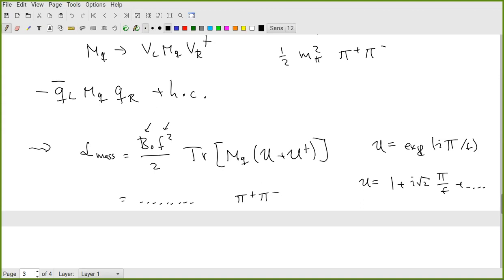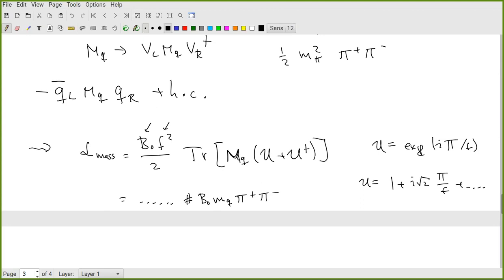And because there's this quark mass matrix here, this will actually look like this times some number. Okay, and then from this you just read off the pion mass term. So I think there will be a B0 here. Okay, sorry, it's slowly coming back to me what it should be: some number times B0 times MQ.